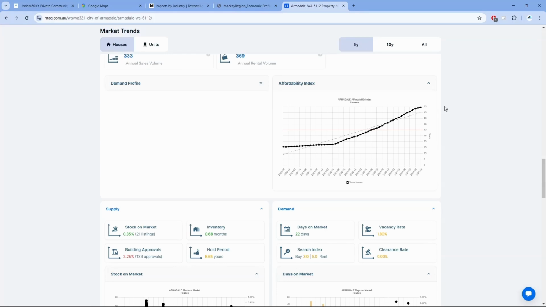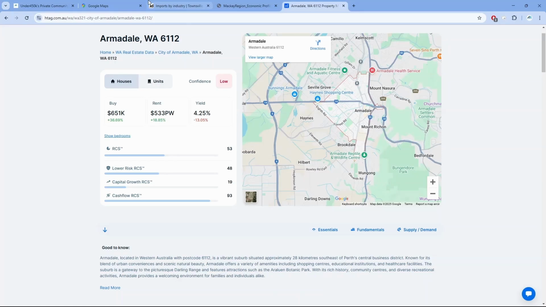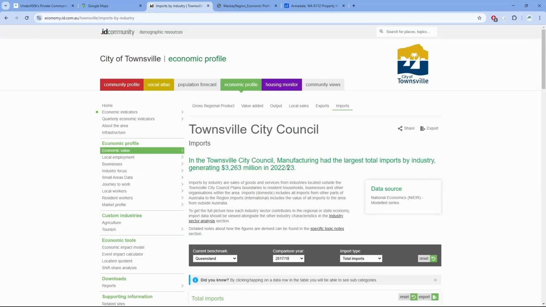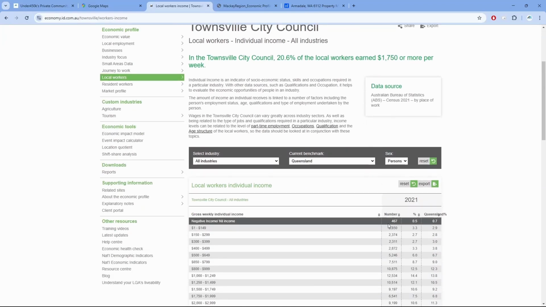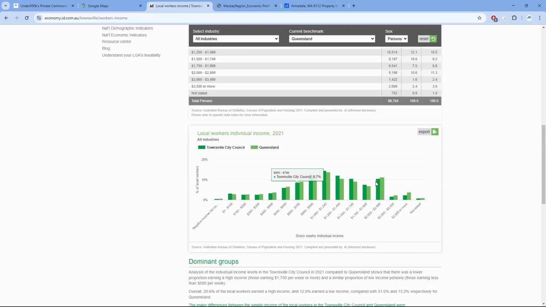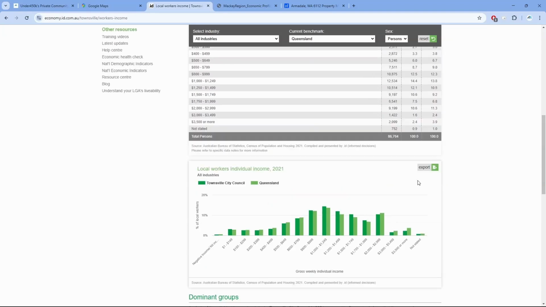And so you may ask me, where exactly can I find household income information if you're not looking at the affordability index on HTAG? Well, I'll show you. Let's take Townsville, for example, once again. You go to local workers and you can actually see the income broken down by the ABS source here, which shows you the average individual income in 2021.